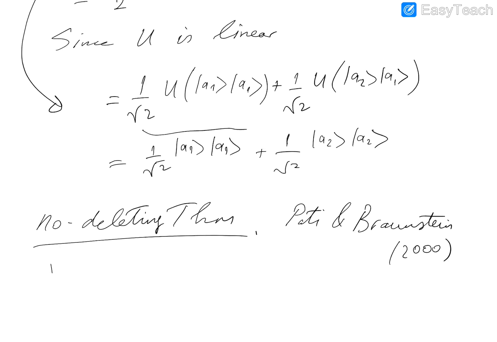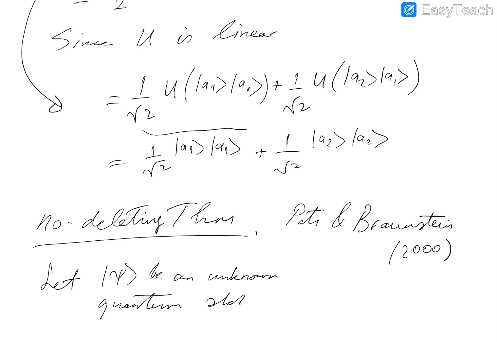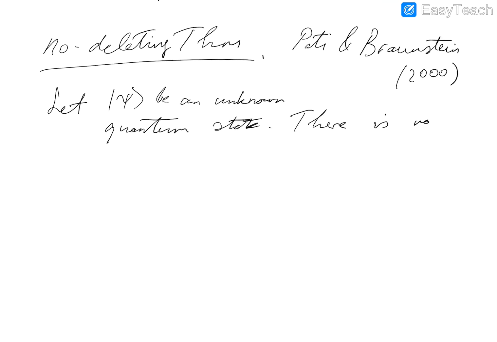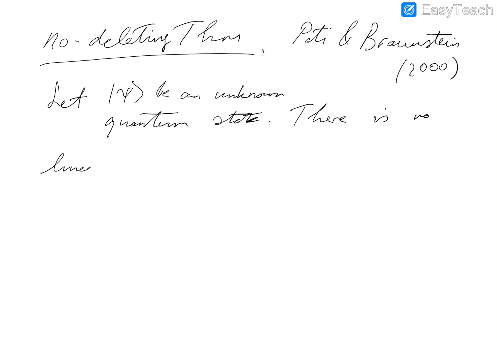It says that if we have an unknown quantum state psi, then there is no linear isometric transformation. Isometric means geometry preserving.